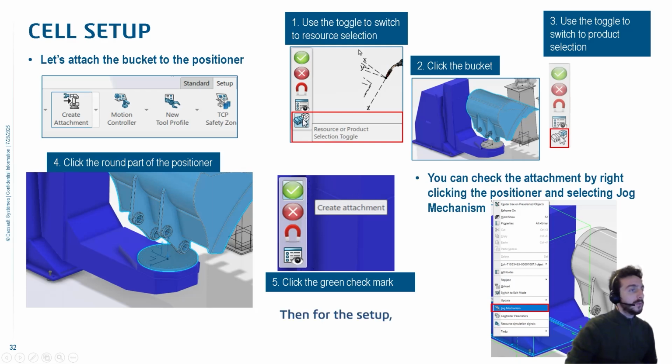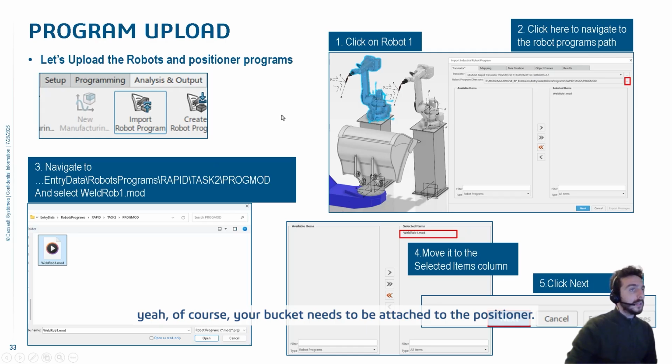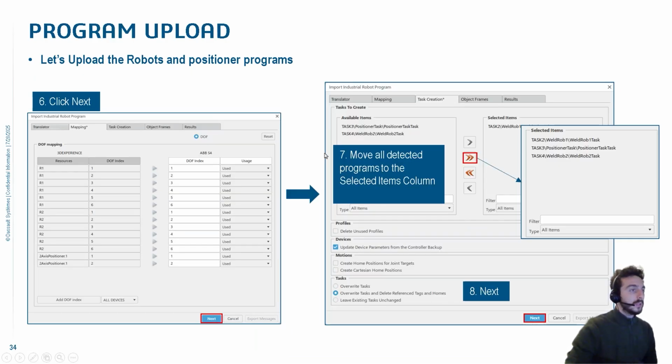Then for the setup, of course, your bucket needs to be attached to the positioner. Then I'm providing you with three programs, so one for R1, one for R2, and one for the positioner. So all you gotta do is to upload them following this. These are the three programs.